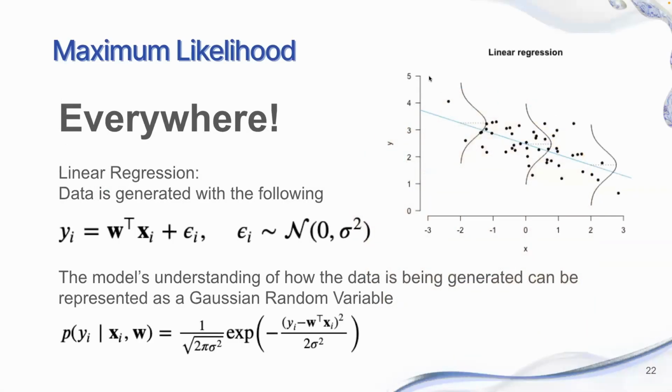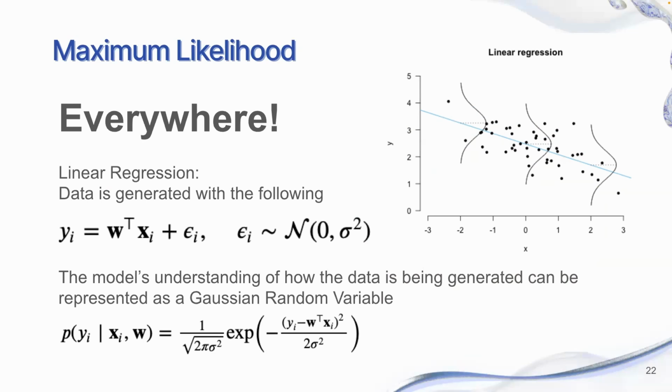In fact, all the models you've seen so far, probably except decision tree, you're actually implicitly doing maximum likelihood estimation without knowing it. So MLE is pretty much everywhere without you probably noticing it, but now you know.